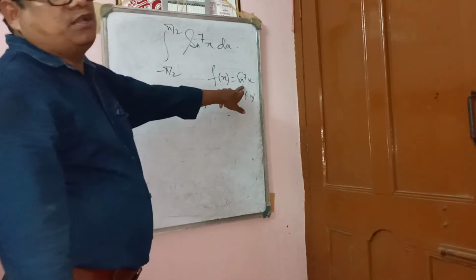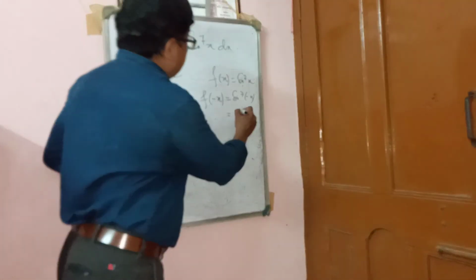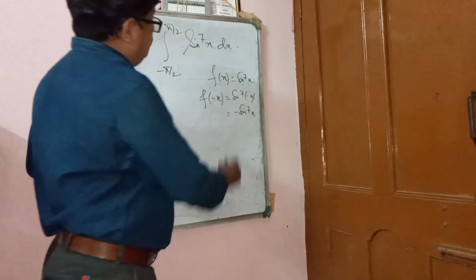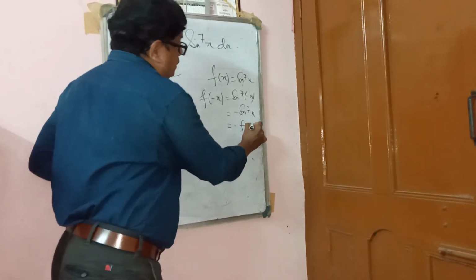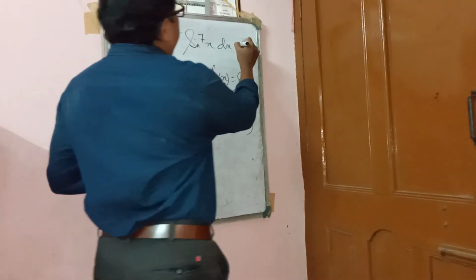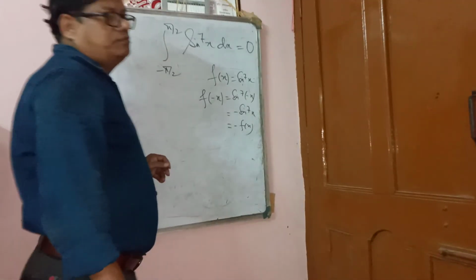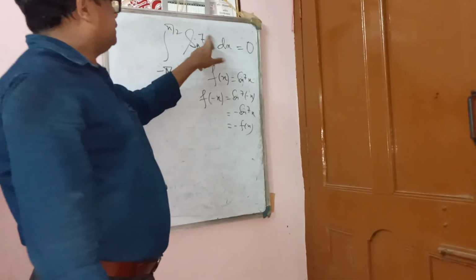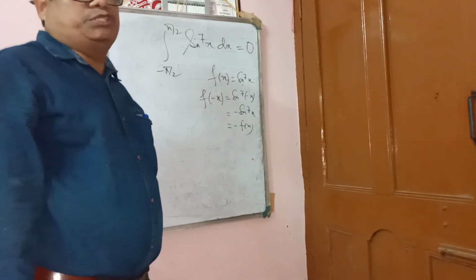Here an odd power is there, so minus sin to the power 7x. So it will be minus f of x. This is an odd function, so the value will be 0. So the integral from minus pi by 2 to pi by 2 of sin to the power 7x dx equals 0.